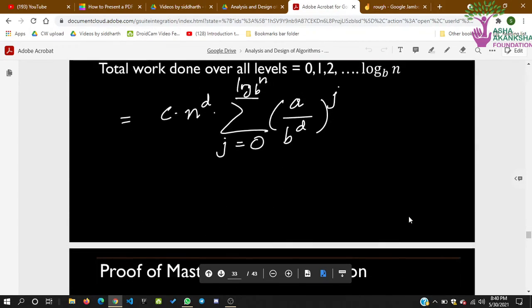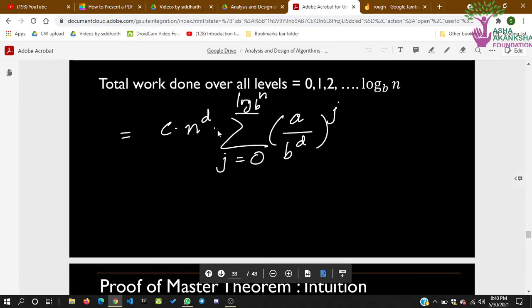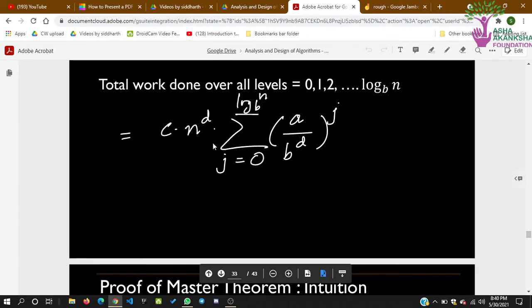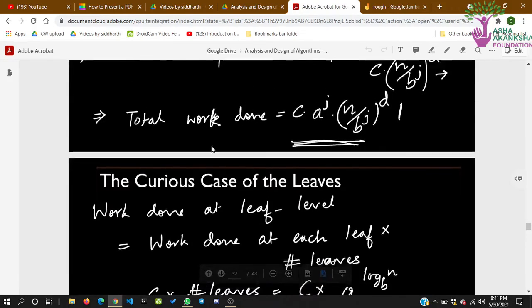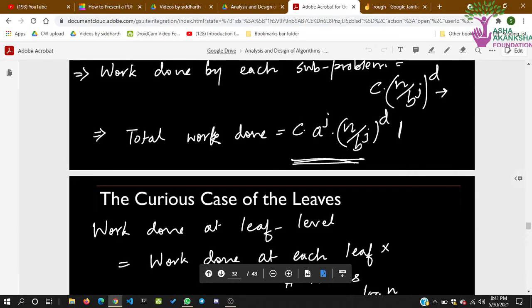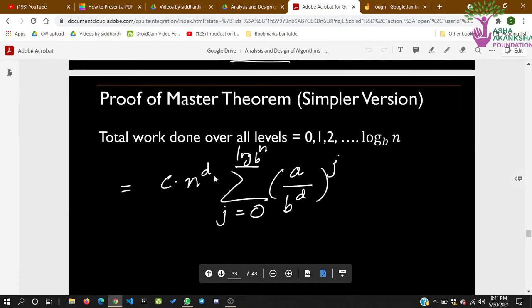Now the total amount of work that is done in all the levels, if we add up all that work, is equal to this formula. How did we get this formula? Originally we had this formula. In that formula we take n raised to the power d outside, so we get c into n raised to power d.